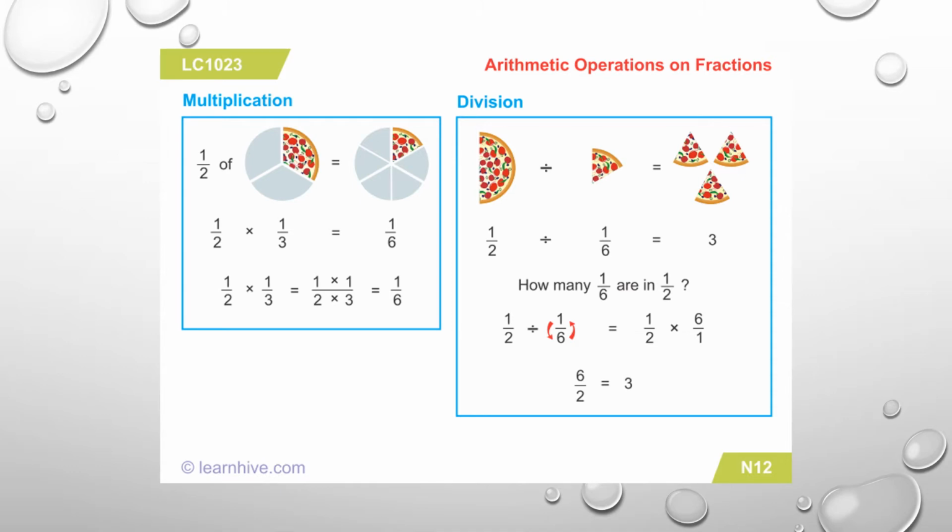So the reciprocal of 1 upon 6 is 6 upon 1. Therefore 1 upon 2 into 6 upon 1 is equal to 6 upon 2, that is equal to 3. So children, remember this, when we are dividing, it means we are multiplying by the reciprocal of the second fraction.